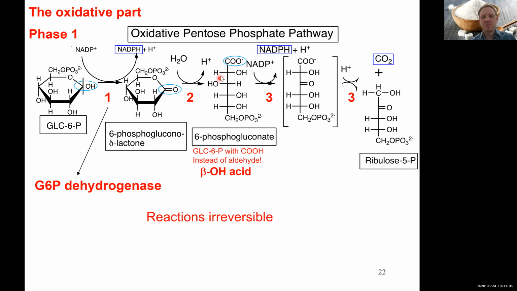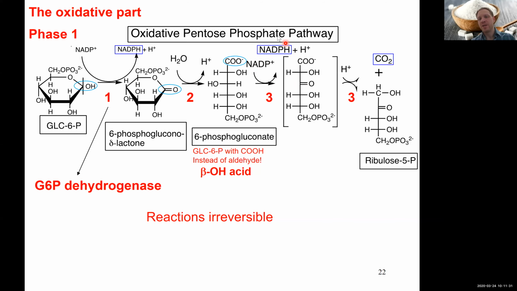Remember our rules: in order to decarboxylate beta hydroxy acids, we need to oxidize first. That's exactly what's happening. Here's your hydroxy group. Here we have a keto function in the enzyme-bound intermediate. It's oxidized in the process. We're reducing another molecule of NADP plus to NADPH, our second molecule of NADPH generated.